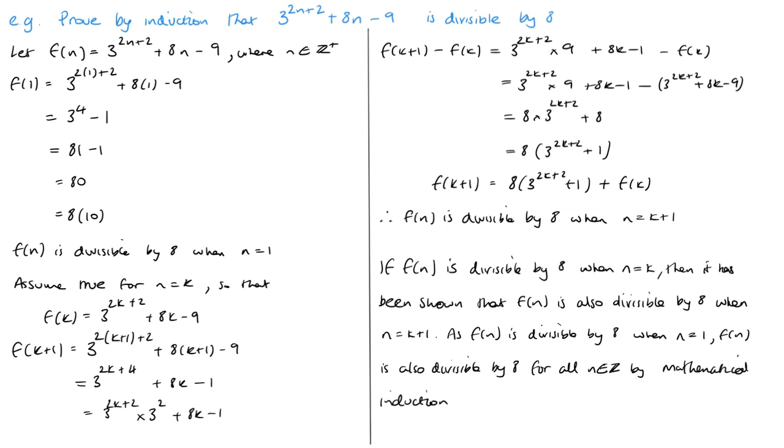Then it's been shown that f of n is also divisible by 8 when n equals k plus 1. As f of n is divisible by 8 when n equals 1, then it's also divisible by 8 for all positive integers. That should be a plus there, by mathematical induction.